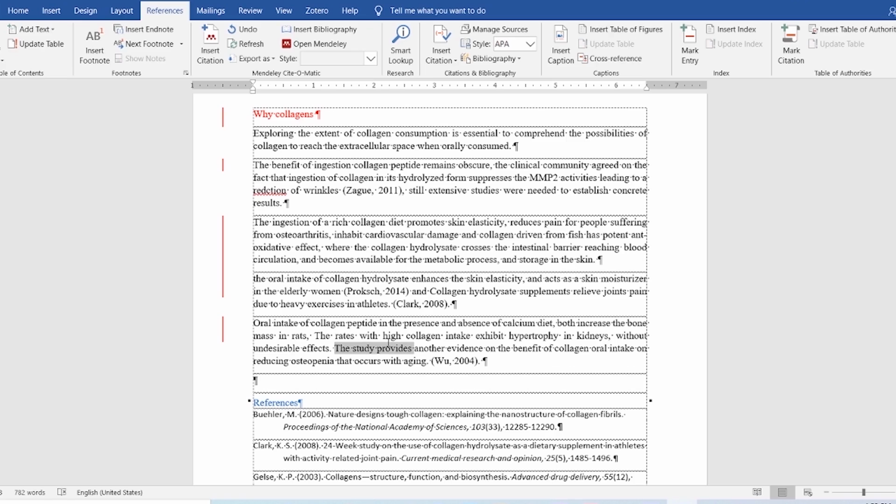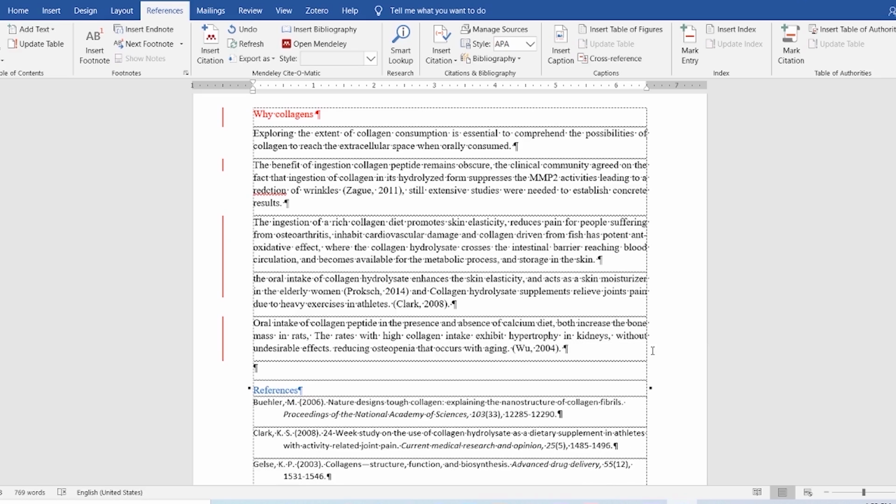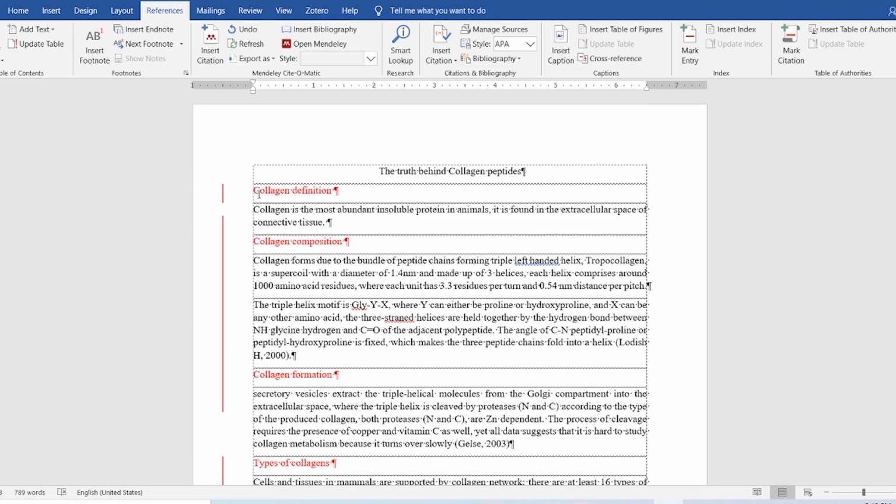I will remove "the study provides another evidence on the benefit of collagen oral intake," and I will just link it here, which can be used to reduce schizophrenia that occurs with aging.